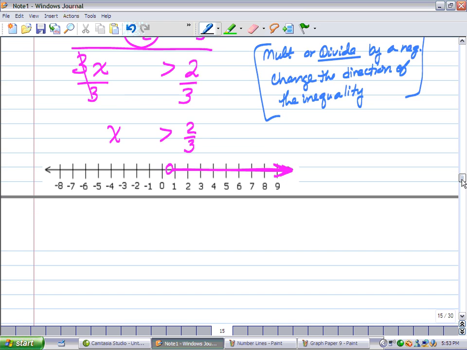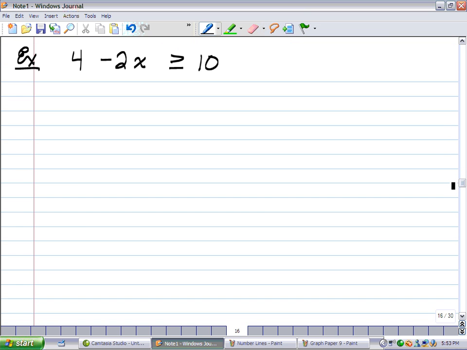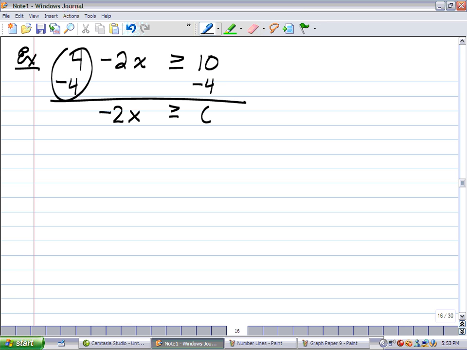Okay. Let's try another one. Let's try 4 minus 2x is greater than or equal to 10. Okay. I want to get the x term alone, so I'm going to subtract 4 from both sides. This leaves me nothing. Minus 2x greater than or equal to 6. Here's that last step. Look what I'm dividing by.